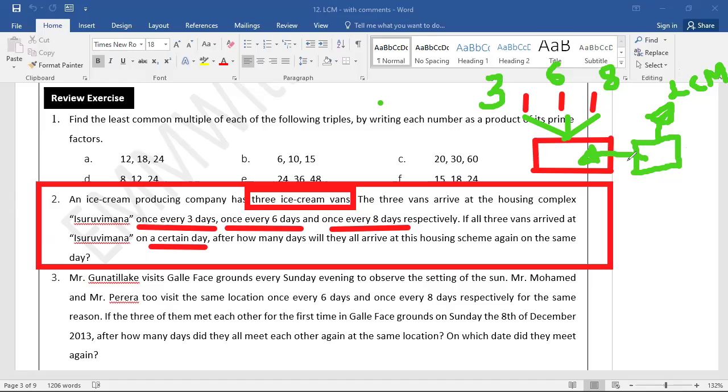Please try to do it and send me the common day that all 3 vans are arrive at Vizuruvimana. Please let me know. You can either use method 1 or method 2, doesn't matter. Do this, then I will explain step by step so that you can understand.